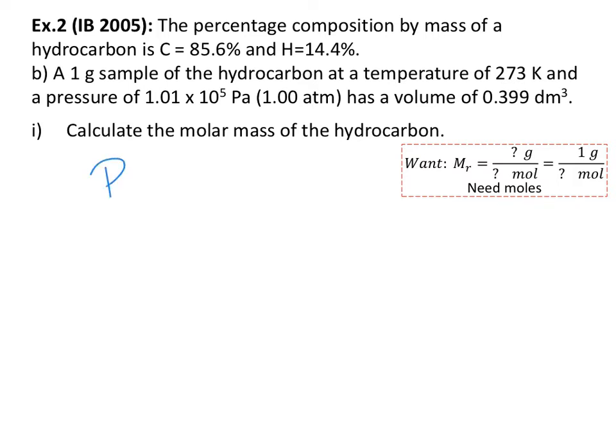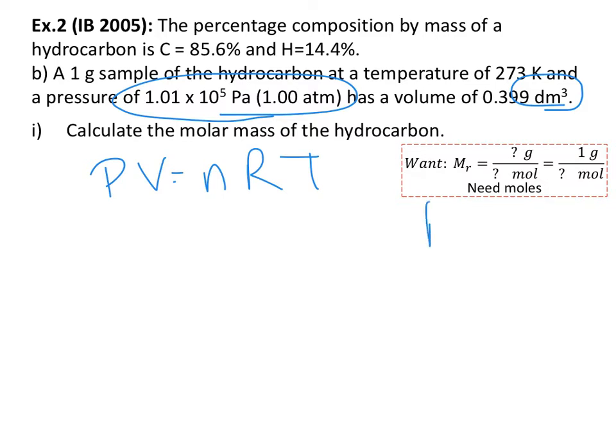So using PV equals nRT, I can start plugging some things in. For pressure, I have pascals and atm given. I also have decimeters cubed for the volume. So I've got to think first, what kind of R do I want to use? And the one that makes the most sense to me is the 8.31 kPa over mole liter, or I'm sorry, mole Kelvin.